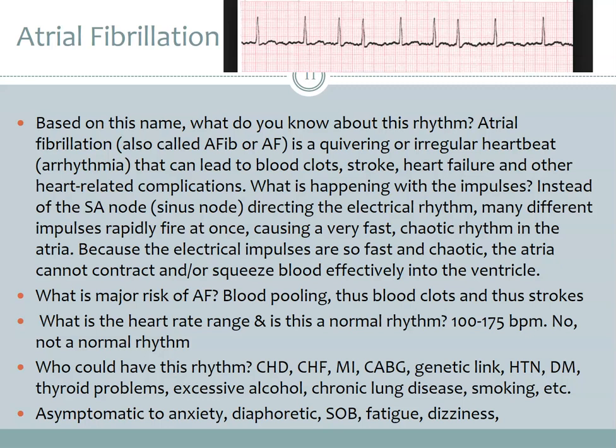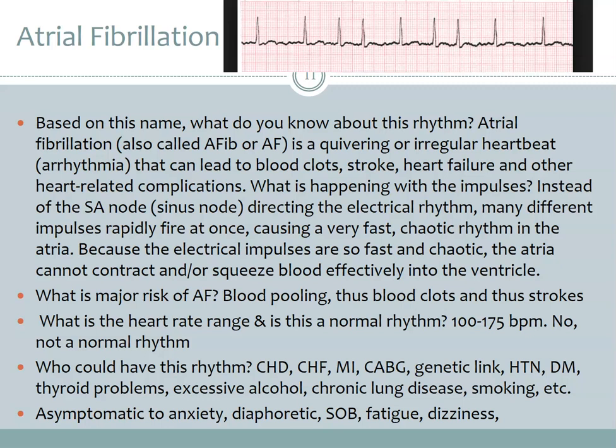Some diabetes mellitus patients will get it. Patients who have thyroid problems. Some who drink large amounts of alcohol or have been smoking for years, and have ended up with some type of chronic lung disease like COPD. So there's a wide range of reasons why patients will get atrial fibrillation.